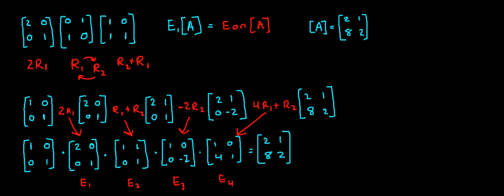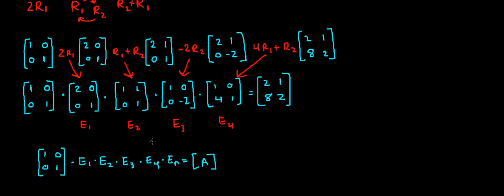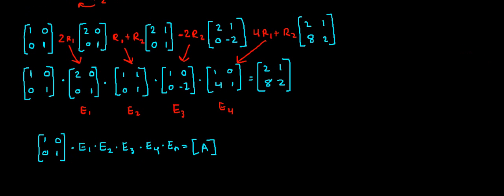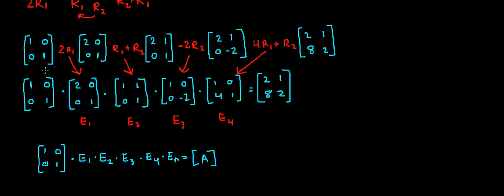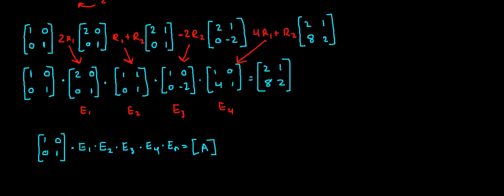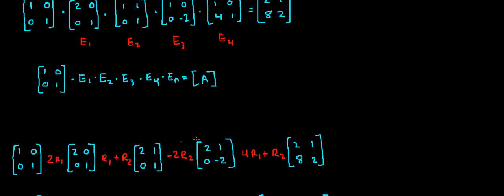So if someone wanted to, they can think of it as a multiplication of a series of elementary matrices to give A: E1 times E2 times E3 times E4, and however many operations are necessary to give this matrix A. So what that implies is, if it's just a series of operations to get from the identity matrix to some matrix A, then we can take these operations and perform the opposite.